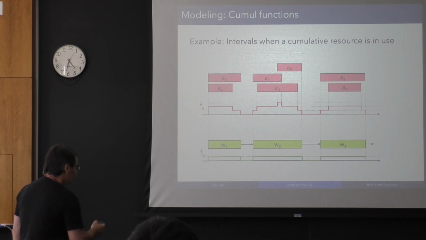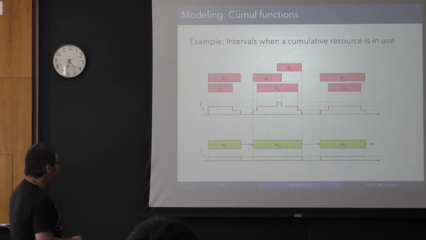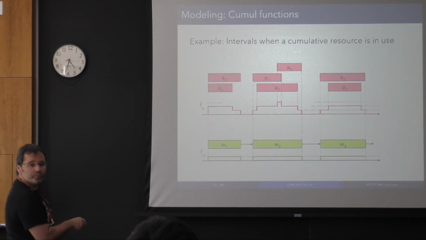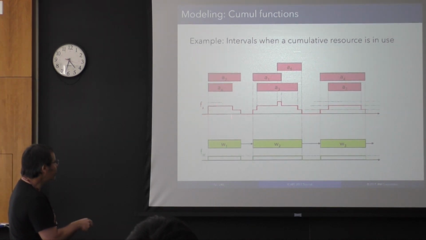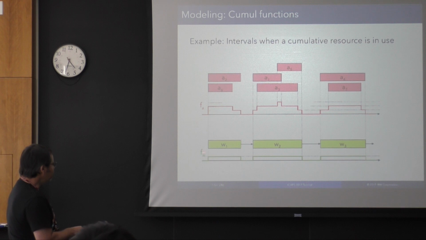So, back to the model. What you can say is you have these two cumul functions, FA and FW. FA is the sum of each activity contributing with a pulse of height 1. This will count the number of activities executing at each time point. And for FW, the same.